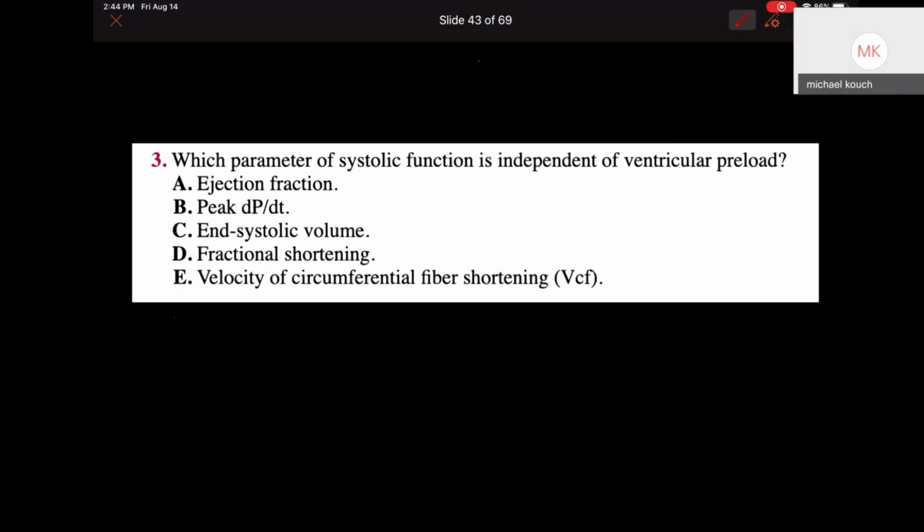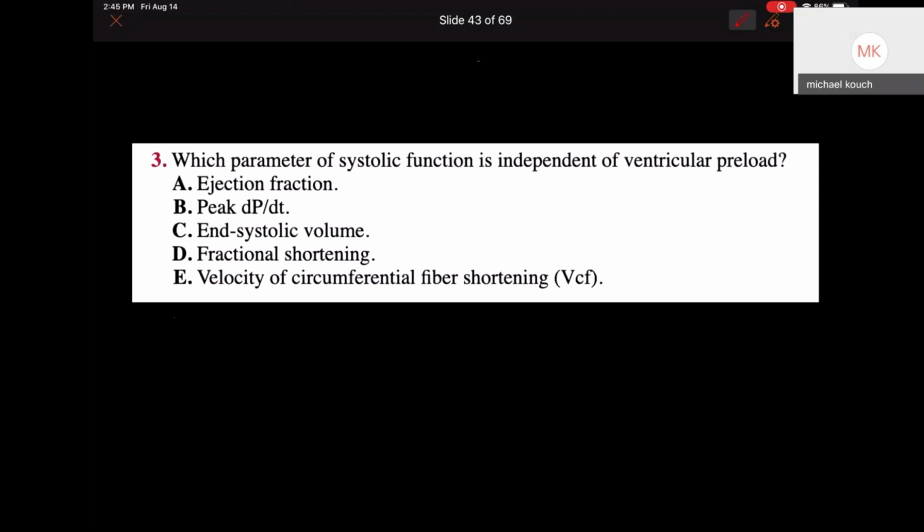Which parameter of systolic function is independent of ventricular preload? If anybody on the line wants to yell out, that's also good. We'll make it very interactive. So ejection fraction. Is ejection fraction dependent on preload? Yes.